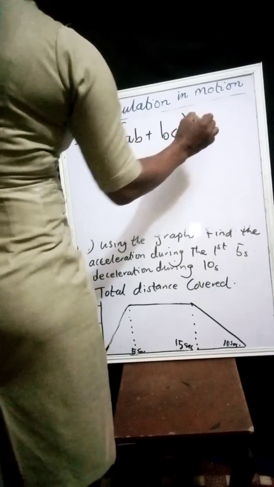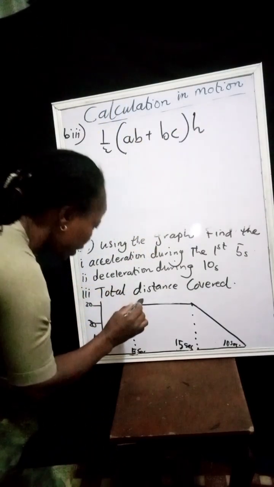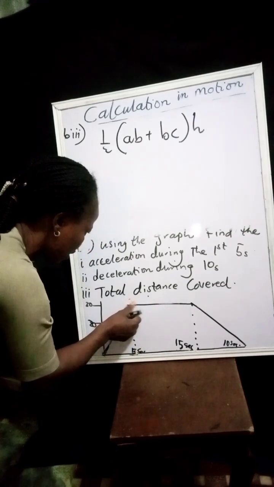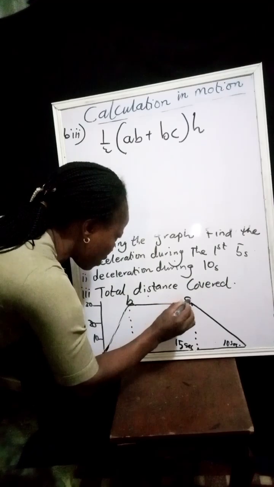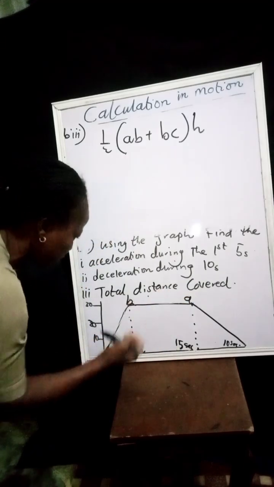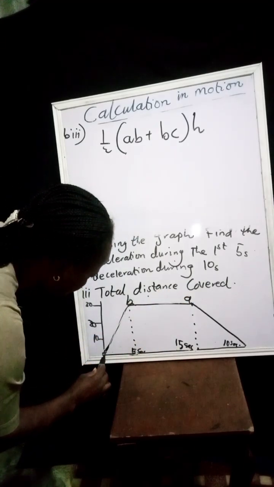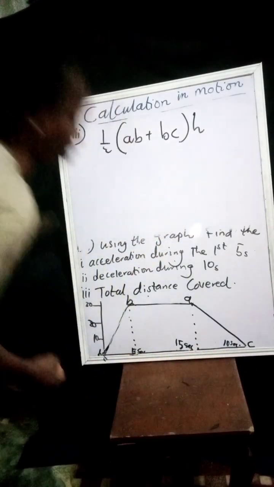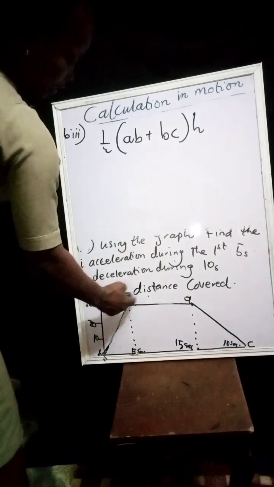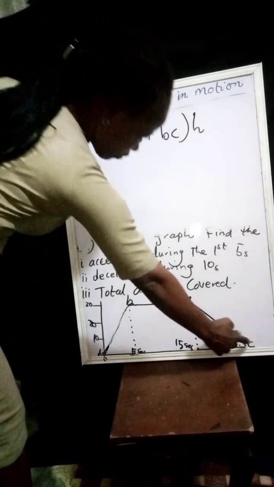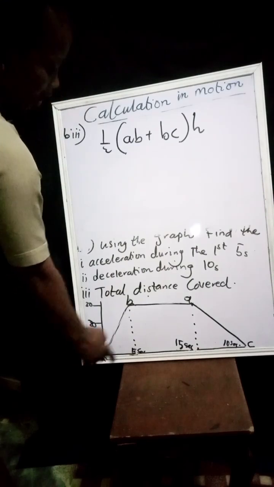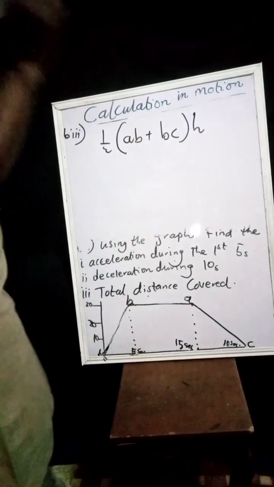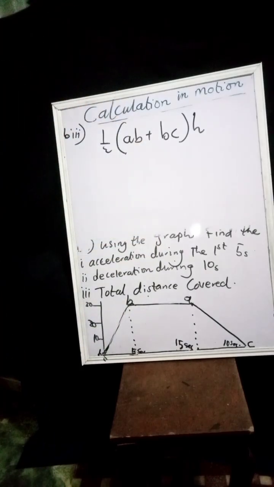Multiplied by H. In that case, AB is this side, here is A, then here is B, and here is C, such that you have AB, from here to here, plus from here to here, multiplied by the height, divided by 2.